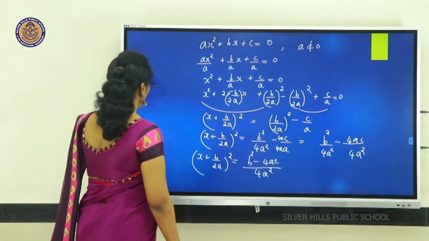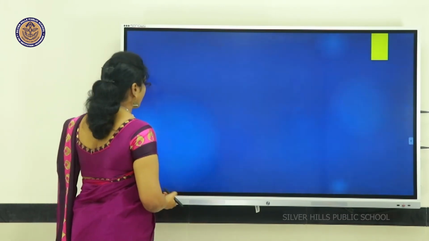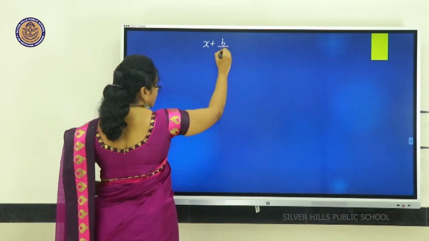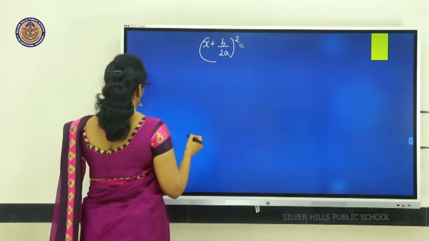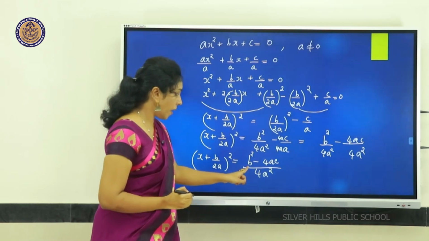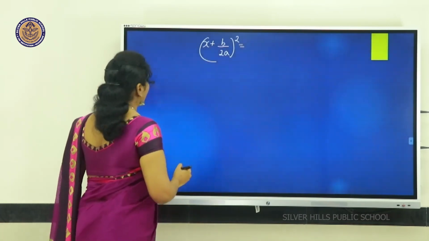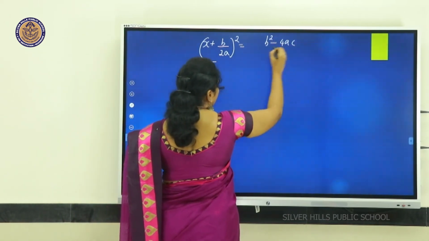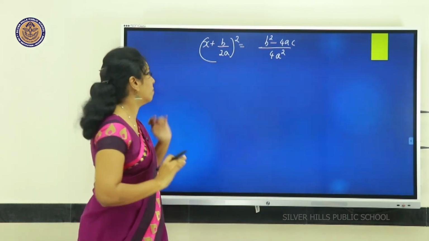Okay, so now let's simplify that further. I'm just going to rewrite it again. We have x plus b by 2a the whole square is equal to b square minus 4ac by 4a square. So we almost reached the formula.